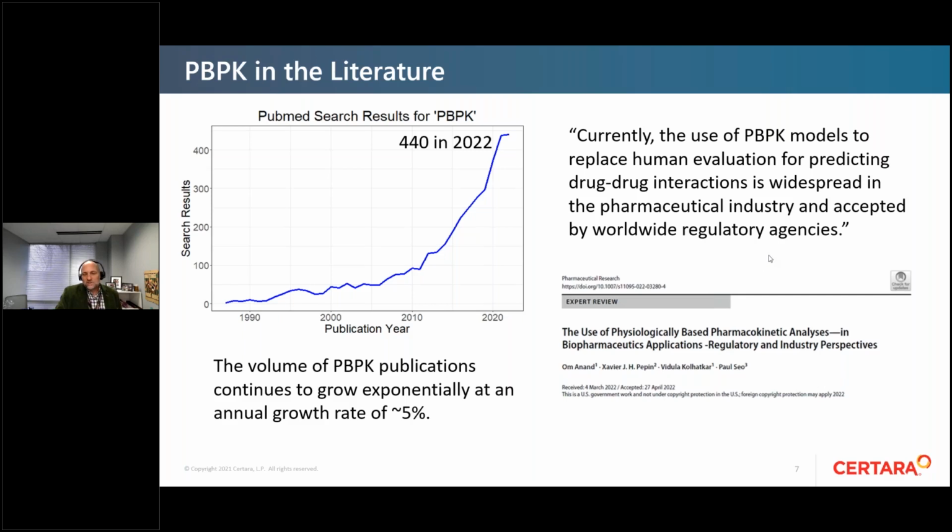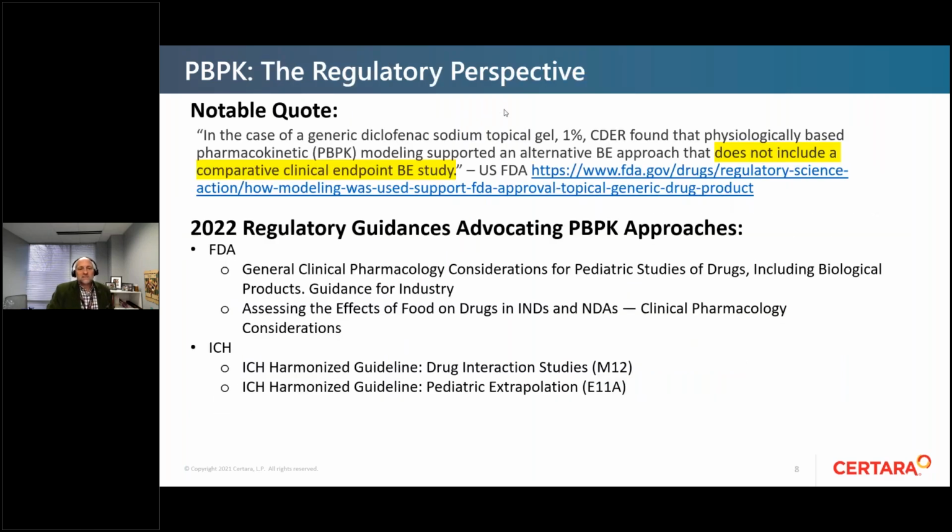So, as I mentioned earlier, drug-drug interaction is one of the major applications of PBPK. We'll talk about some others as we go through the presentation today. So, that's PBPK in the literature and media.